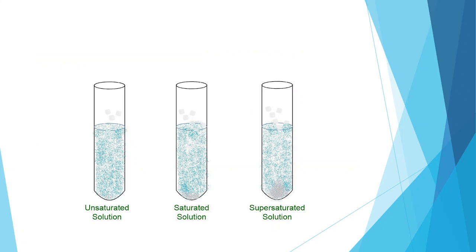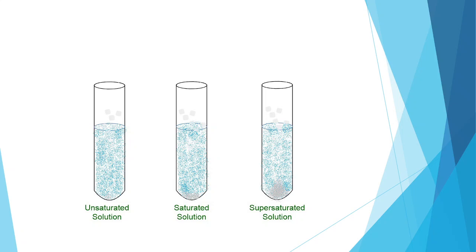If you see the images, you can identify what an unsaturated solution is. In an unsaturated solution, a very low quantity of substance is present. Still, you can add more quantity to dissolve in that particular solvent.